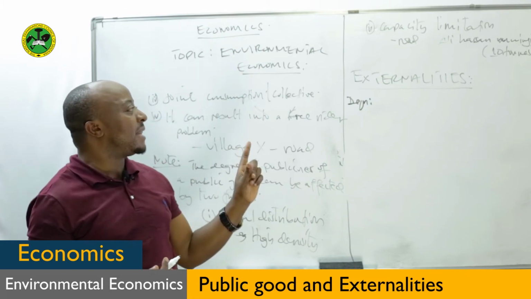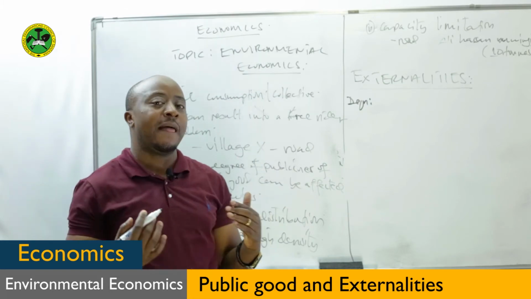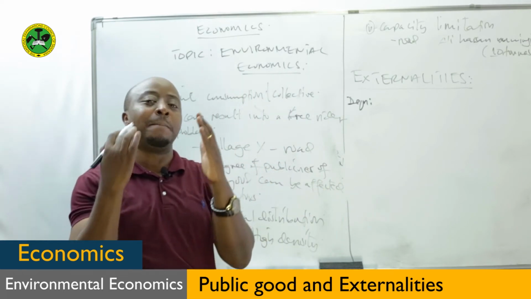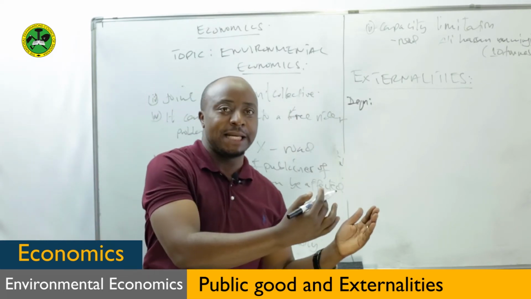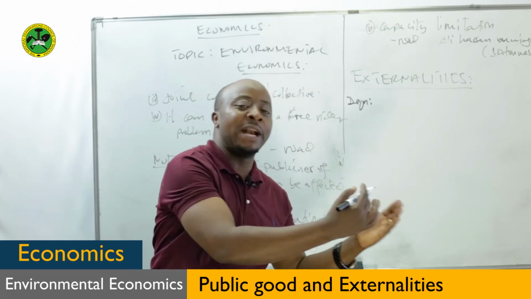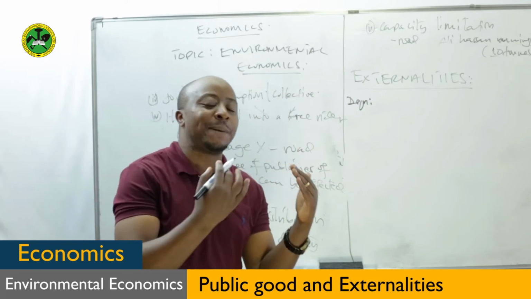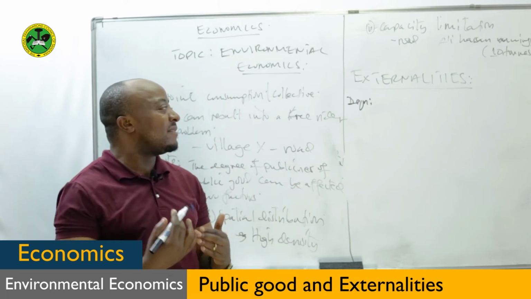So bear in mind that an externality is a positive or negative effect imposed upon a third party due to the action of another individual, either production or consumption, for which no compensation is made, and this last statement is very important.